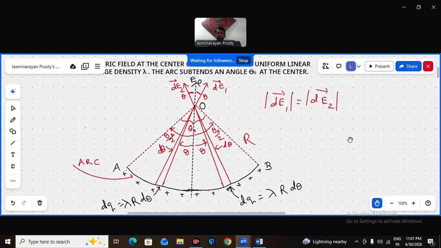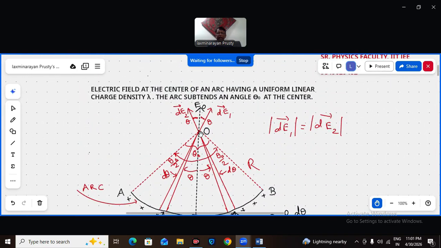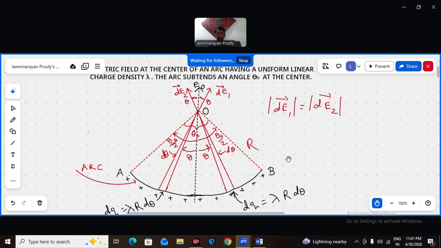As seen in the figure, which components cancel each other out? The cos theta is along the bisector, so those will remain. But sin theta is perpendicular to the bisector, to the right for dE1, and the sin theta component of dE2 is perpendicular to the bisector to the left. So they will cancel out each other.